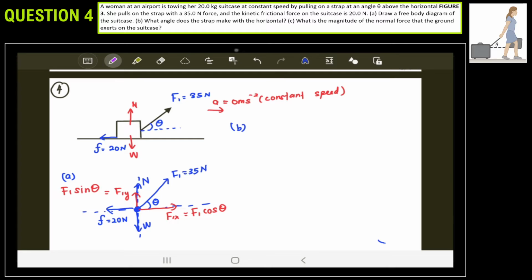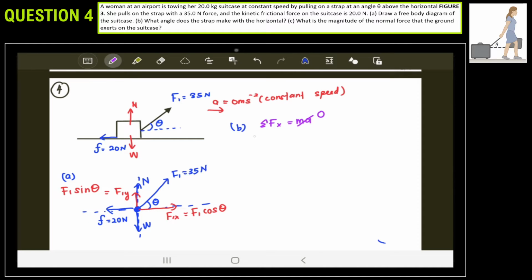So let's start our calculation. We want to find the angle theta. We write total Fx is equal to ma. The object is moving with constant speed and acceleration is equal to 0, so total Fx is equal to 0. Looking at the free body diagram, we have two forces, F1x and the frictional force.